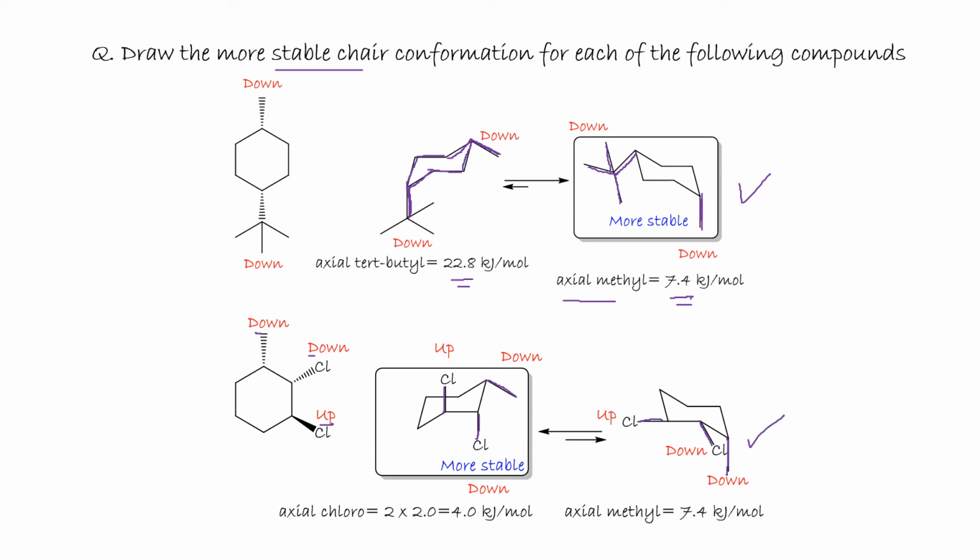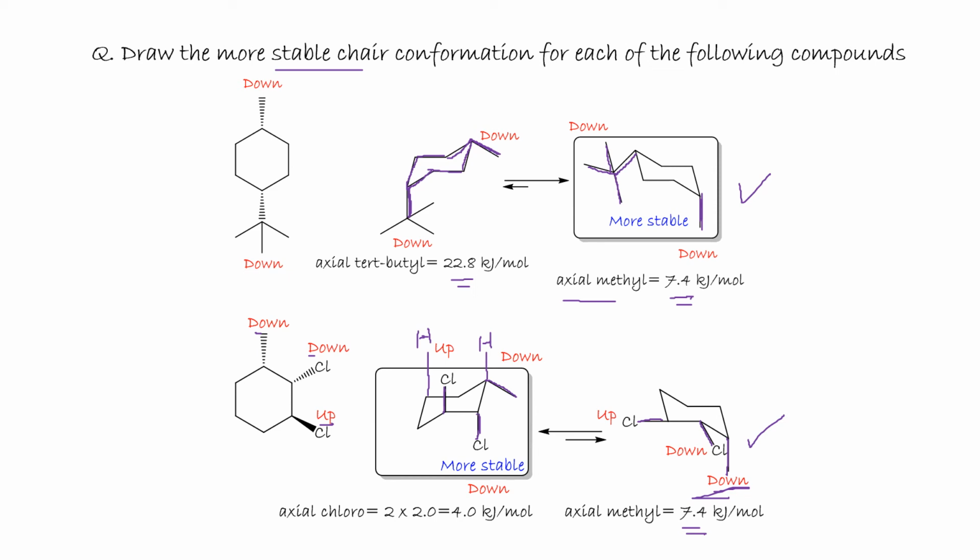In this one, we have the methyl axial, so we have methyl axial 7.4. Here we have chlorine, okay, 1,3-diaxial. This one with these two hydrogens, so that's 2.